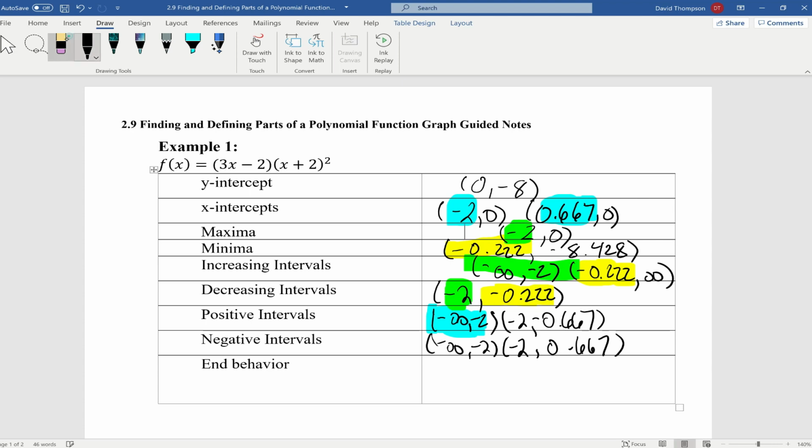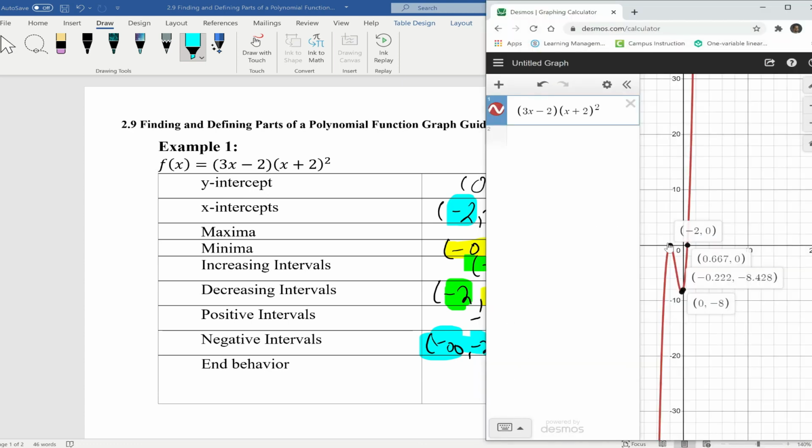So these are our negative intervals. And again, those are using our zeros. So we broke the negative intervals into two parts because if we take a look at the graph, at negative 2 we're at 0, and 0 is neither positive nor negative.